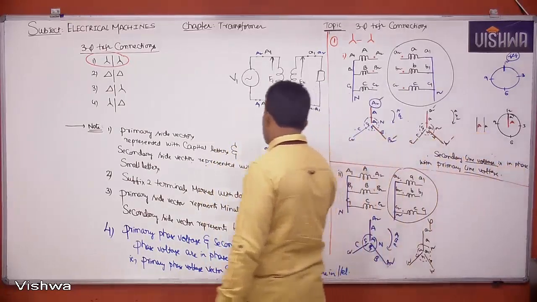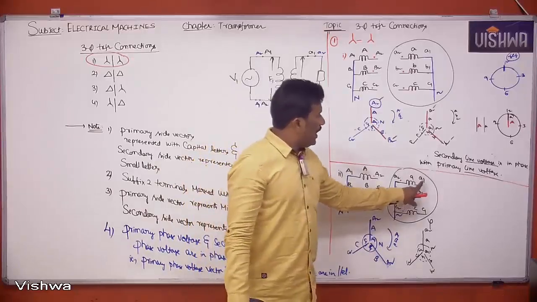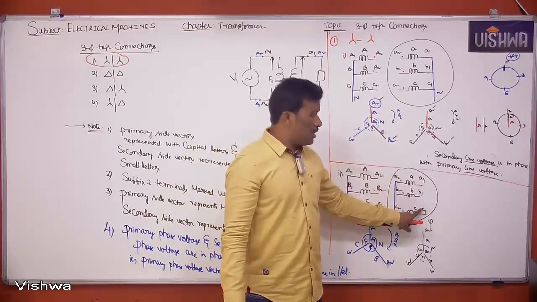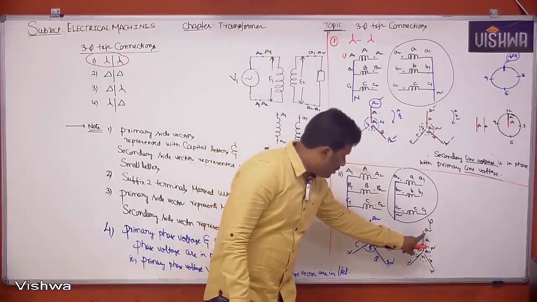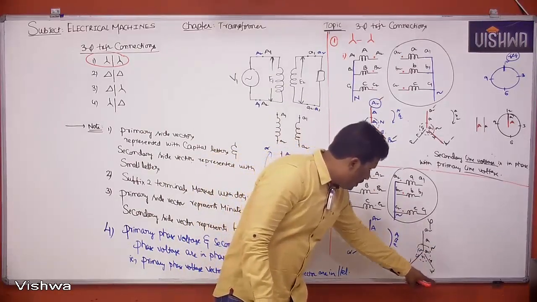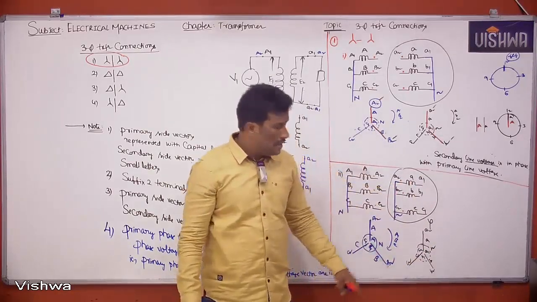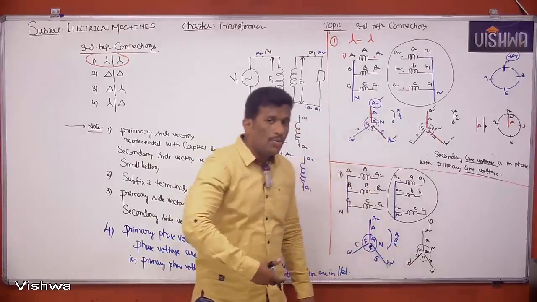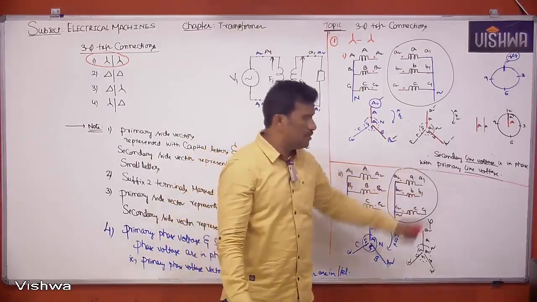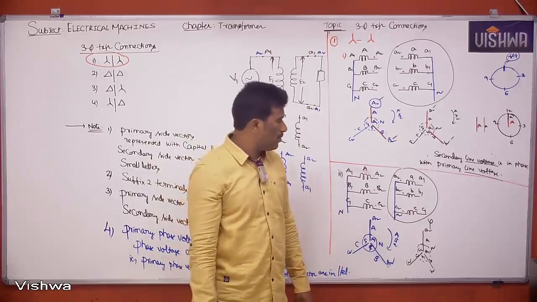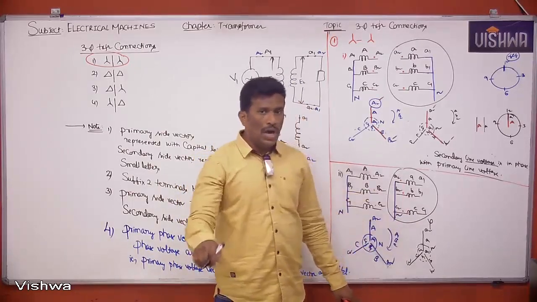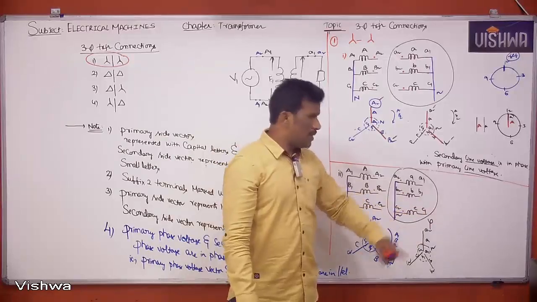Why? Simple. Here we are taking output from A1, B1, C1, not from A2, B2, C2. But here we just showed A2, B2, C2 outside. It means you are taking output from A2, B2, C2 just like your case 1, which is wrong, because you are taking output from A1, B1, C1.